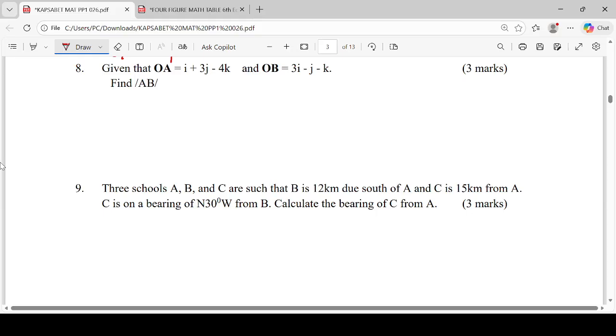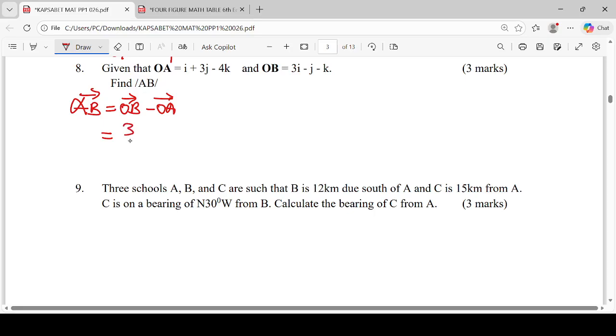Before we get the magnitude of AB, first we need to get vector AB, ladies and gentlemen. And to get vector AB, it is vector OB minus vector OA. We are going to express these vectors as column vectors when we are doing subtraction, and we are going to deal with the coefficients. So the coefficient of i in OB here is 3.